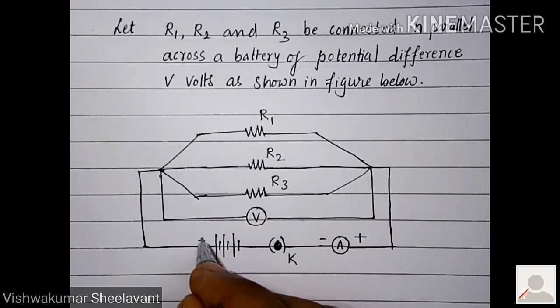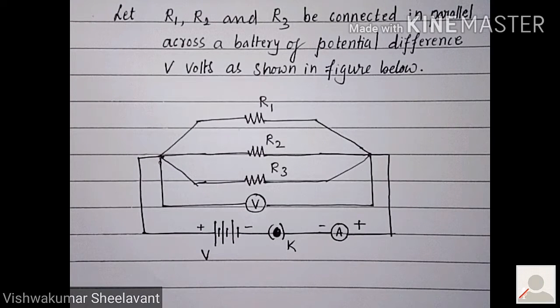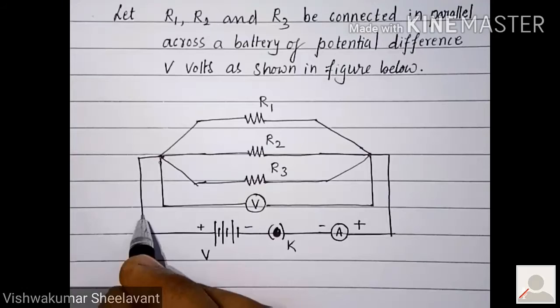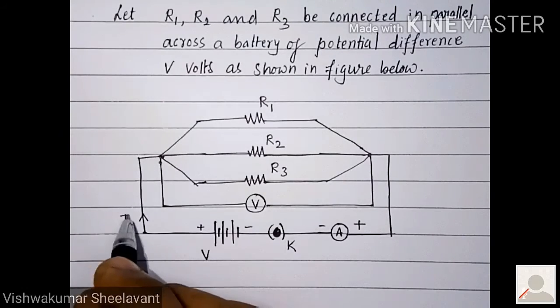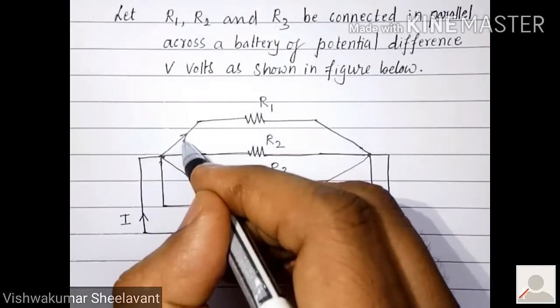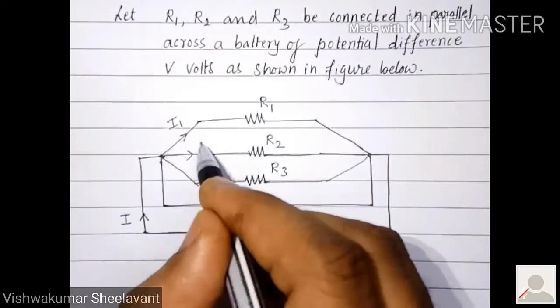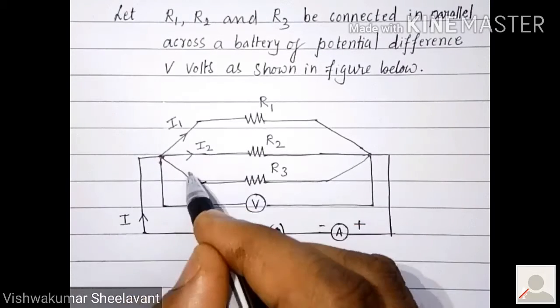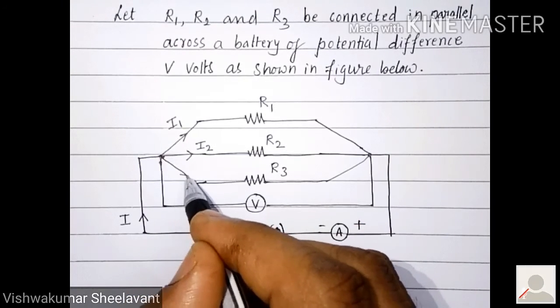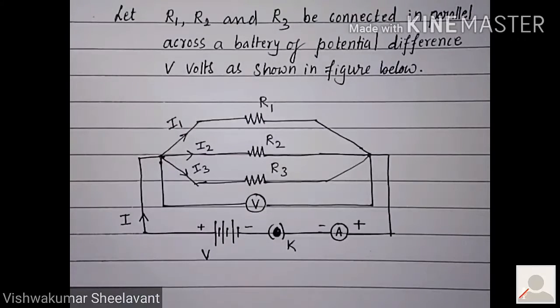Say the potential difference of source is V volts and it supplies current I ampere. Current through resistor R1 is I1 ampere. Current through resistor R2 is I2 ampere. Current through resistor R3 is I3 ampere.